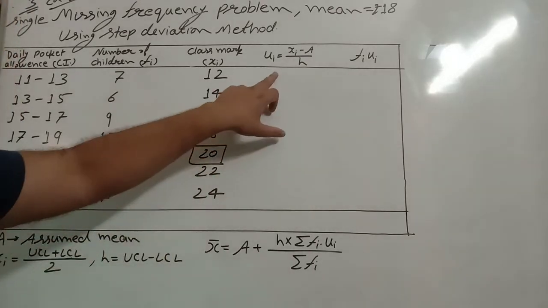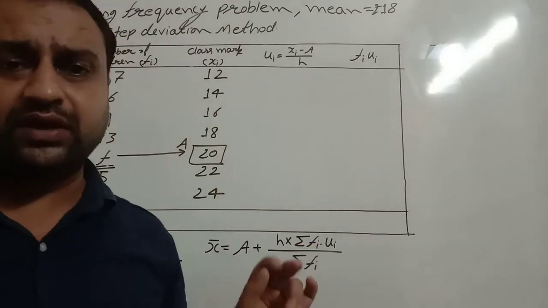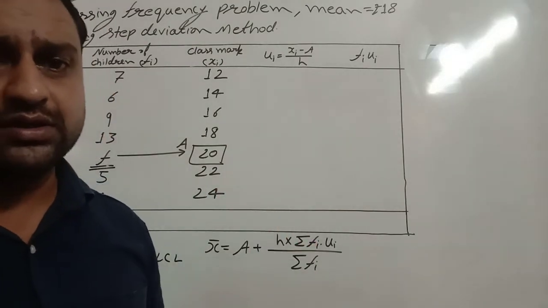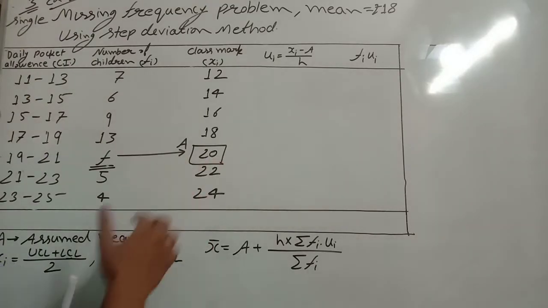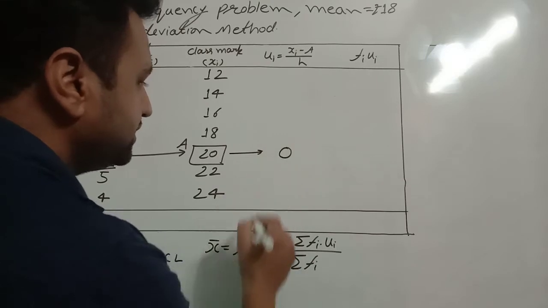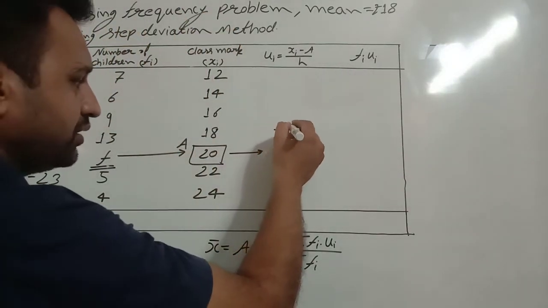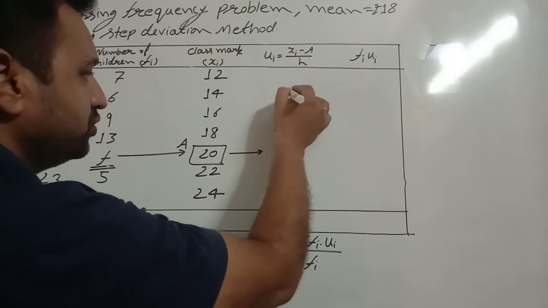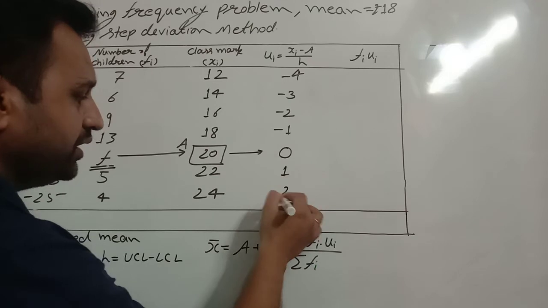Now we fill this column ui. In the previous question, we discussed that the value of ui is always unique. It means where we suppose capital A in this row, ui is always 0, and above it continues -1, -2, -3 and -4, and below it +1 and +2.